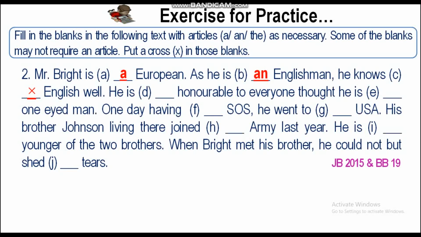So here also a cross will be in the blank number D. To everyone though he is dash one-eyed man. Here the word one starts with a vowel, but its beginning pronunciation is wa. So article a will be used before one-eyed man.